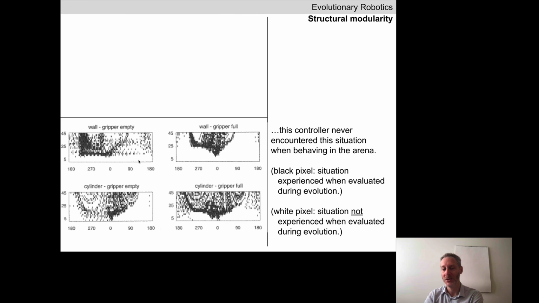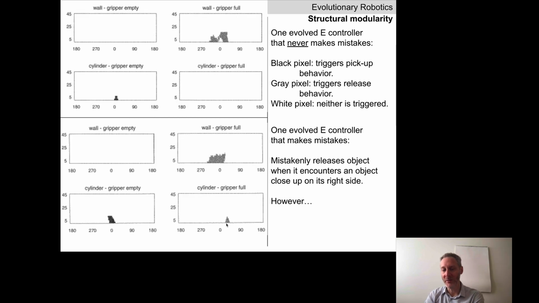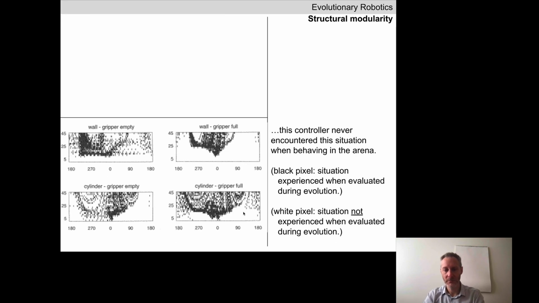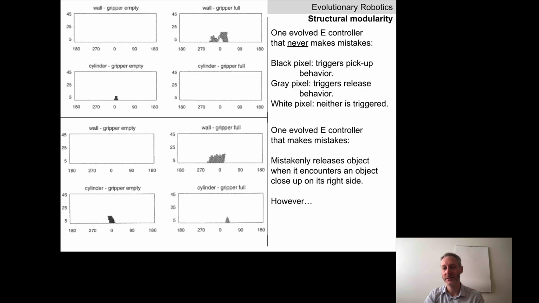If you'll focus on the little gray triangle down here, you'll notice that set of conditions was never encountered by the robot during evolution. So if we were to release the robot in the wild after evolution, this would be surprising to us.